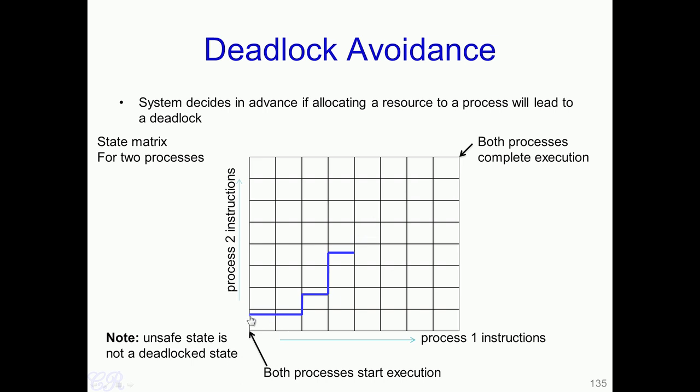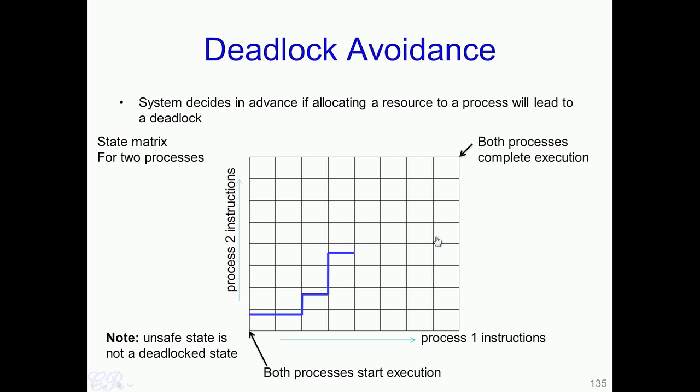For example, in the worst case, process 1 executes continuously till it completes, and then process 2 executes completely till it completes. Or another possibility is that process 1 executes a few instructions, then process 2 executes a few instructions, then process 1, process 2, process 1 and so on till both of them complete.